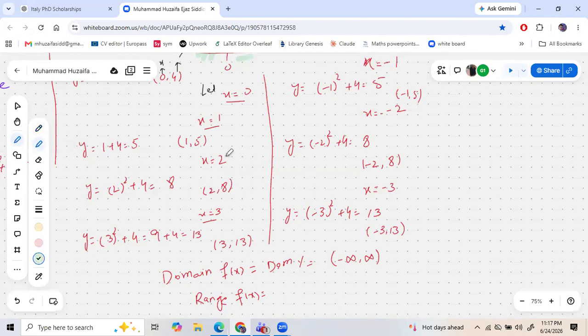So on this basis I underline these points. This is our range point. This is also our range point. This is also our range point. These are the values of y. This is the range. This is the output. So from this side, our range is minus infinity to plus infinity.